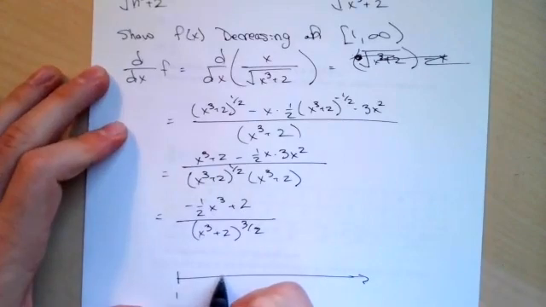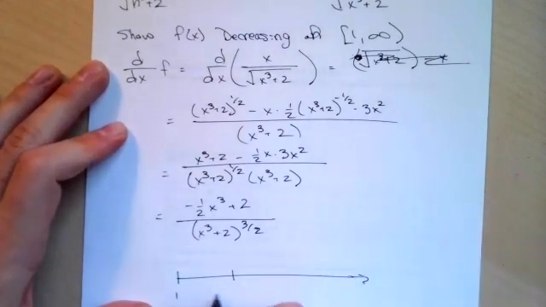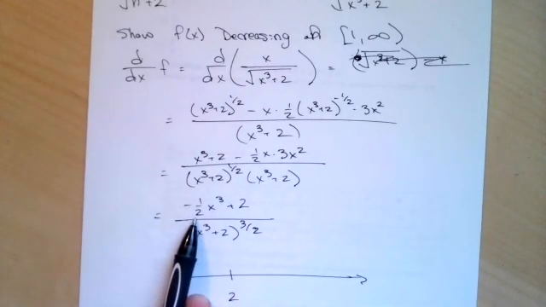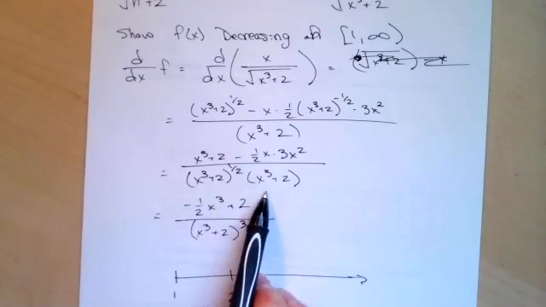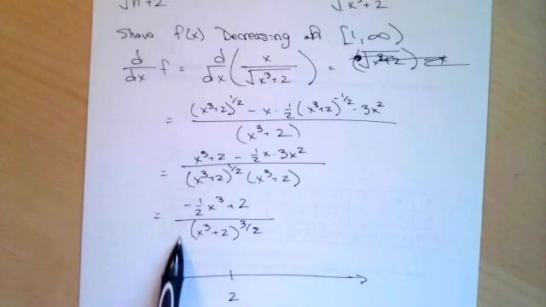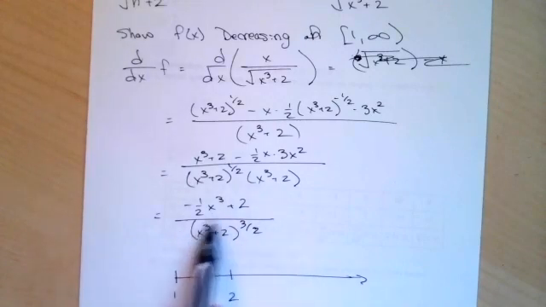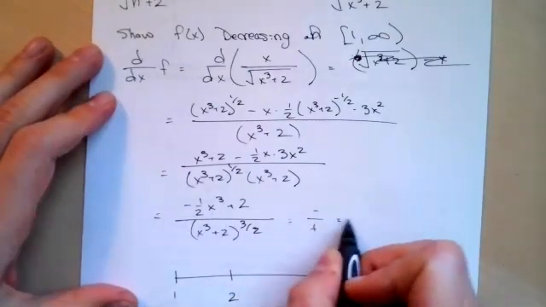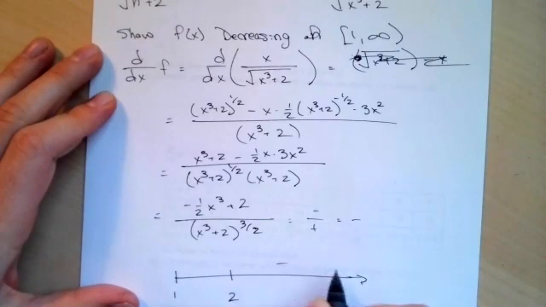Let's say we pick something bigger than 2. 2 cubed is 8, minus 1/2 will give us minus 4 plus 2, which gives us a negative number. In the denominator, it'll always be positive, if I plug in positive values. So overall, it'll be a negative over a positive, which is negative over here.